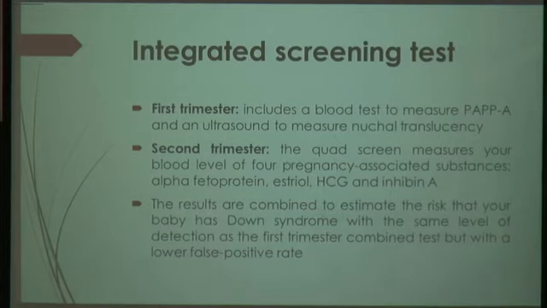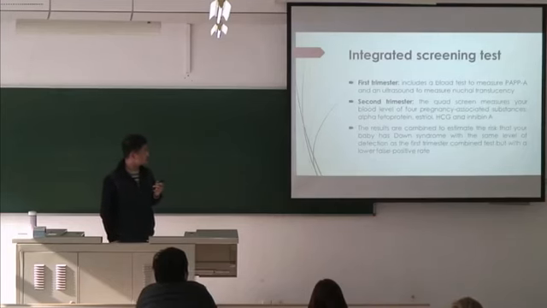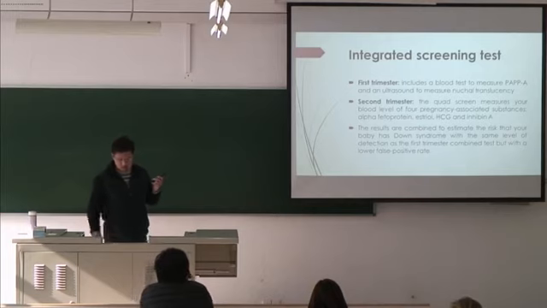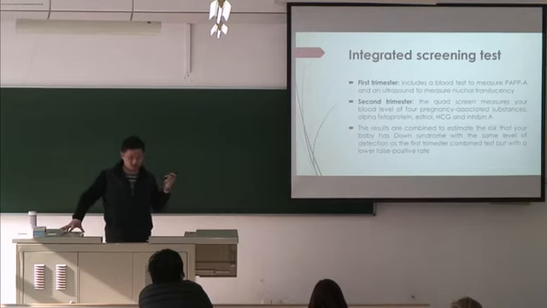The second one is called the integrated screening test. It integrates the results from the first trimester test, in which we use a blood test to measure PAPP-A and ultrasound to measure the nuchal translucency.